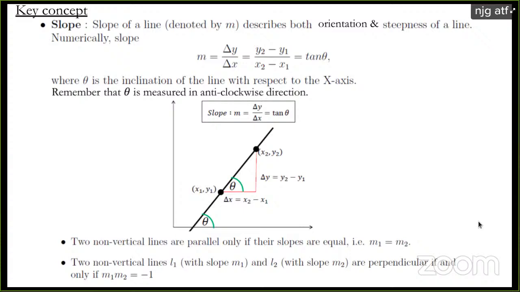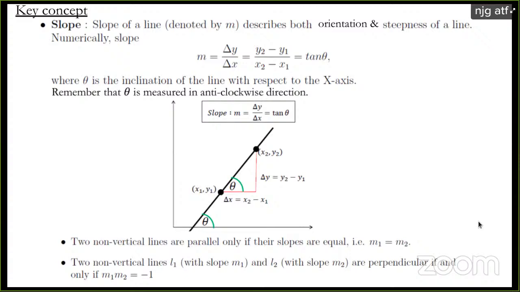For x2 minus x1, I have a rise of y2 minus y1, and this is what is required to get the slope. So slope is delta y by delta x, rise by run, which is y2 minus y1 by x2 minus x1.